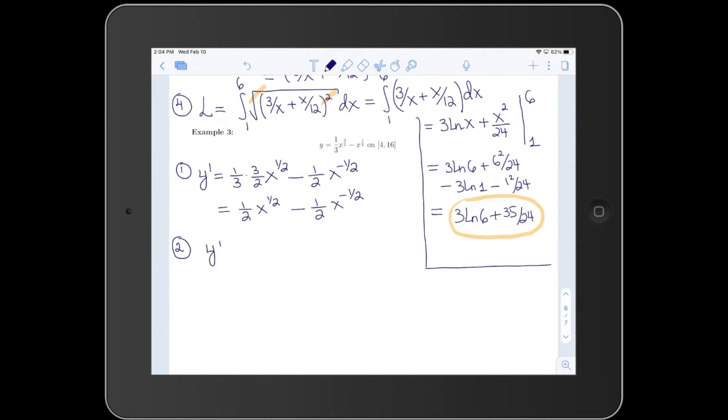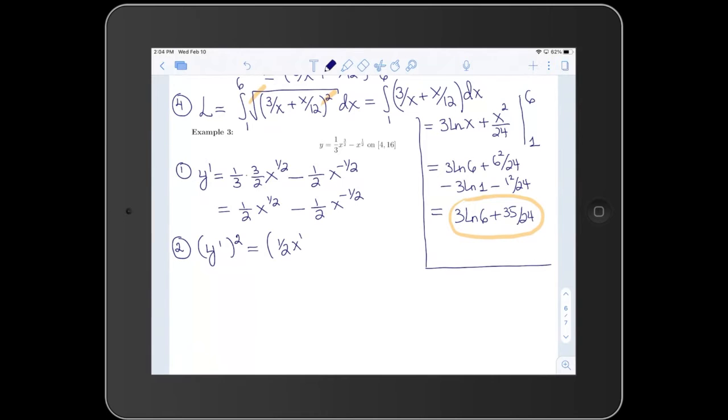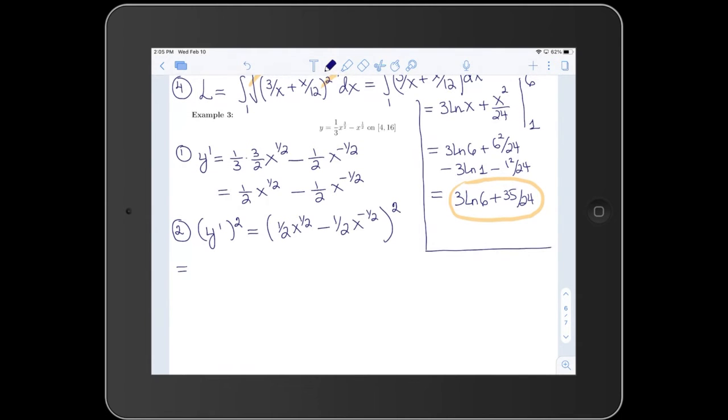Step number 2, y prime squared. We need to square this expression: (1/2 x^(1/2) minus 1/2 x^(-1/2)) squared.